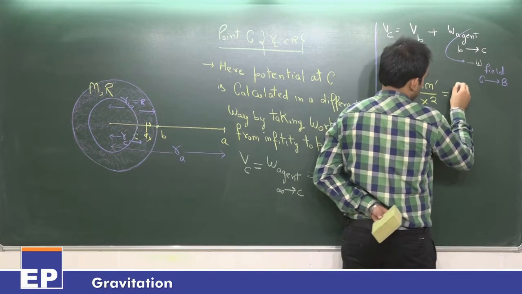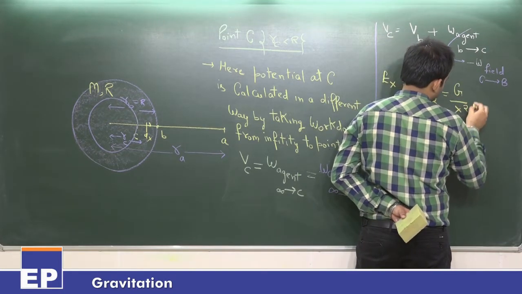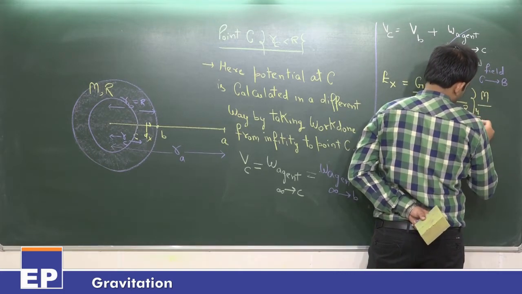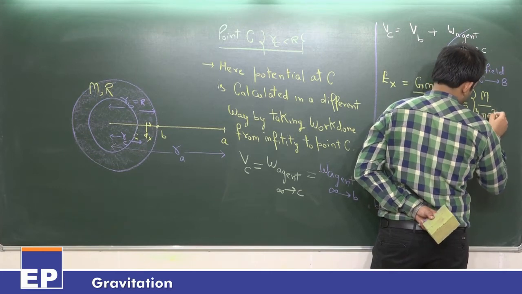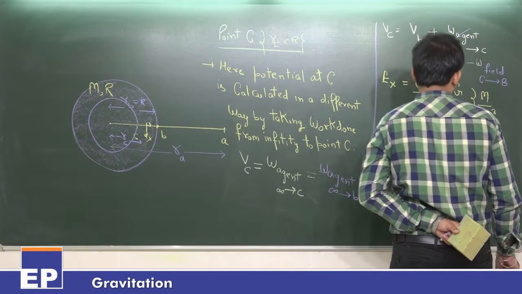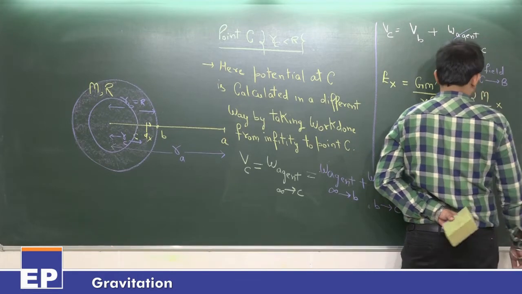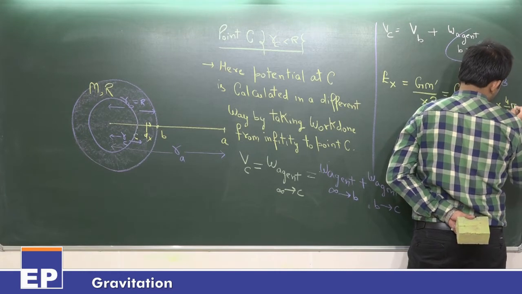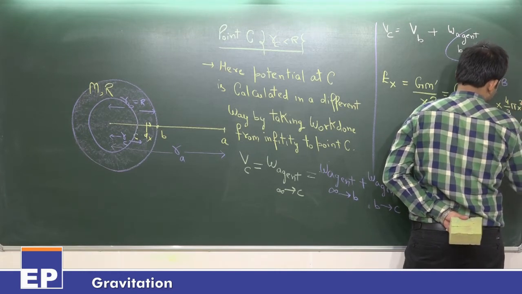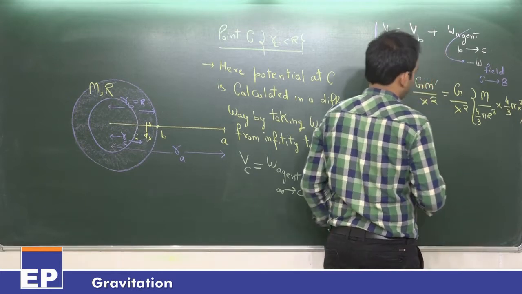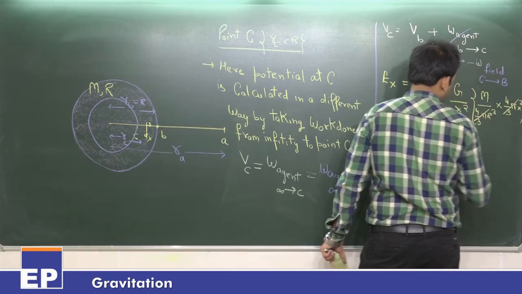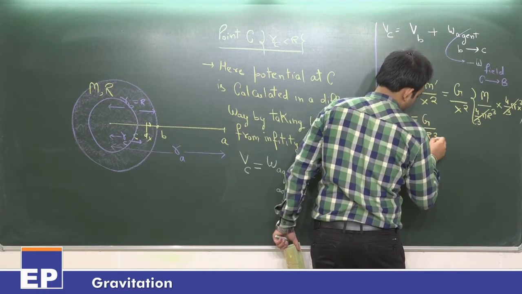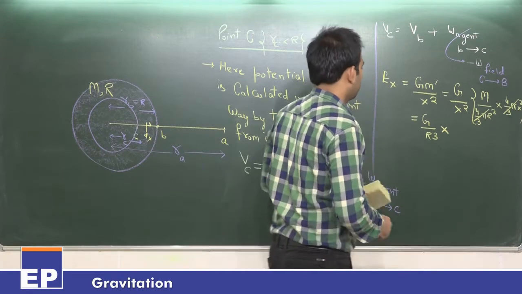M dash is the mass inside, so that will become G by X square into M by (4/3 pi R cube) into (4/3 pi X cube). That will become GM by R cube into X.